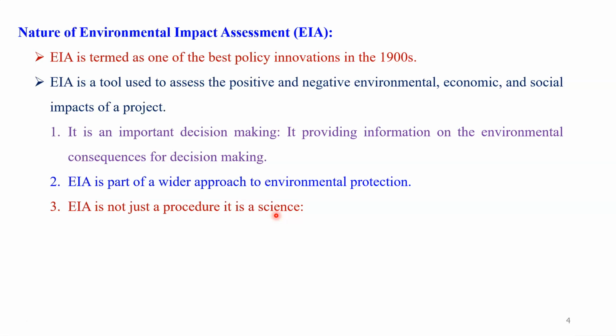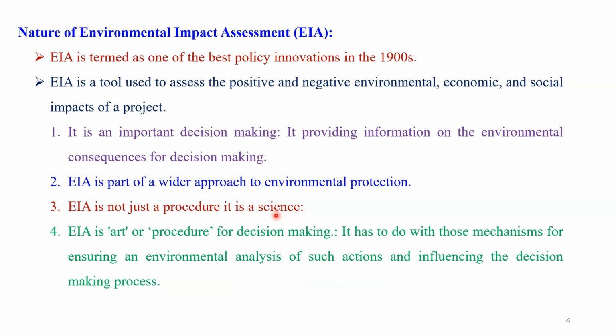Therefore, it's not just a procedure, but it's a science, like a pure science. And I just mentioned that it's a very important branch of environmental engineering, or you can say the engineering fields. It is also known as a pure science, because we follow each and every step and method during the environmental impact assessment.